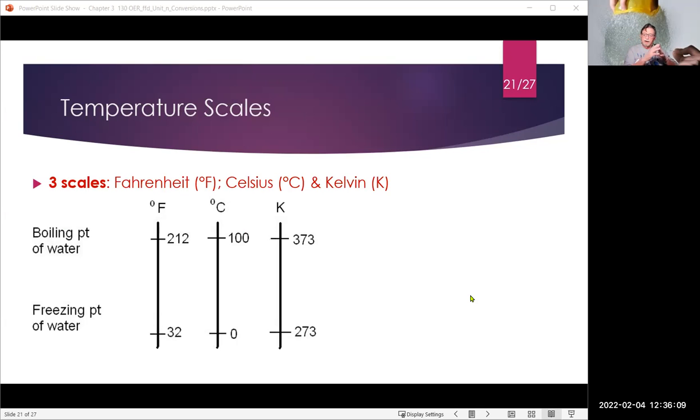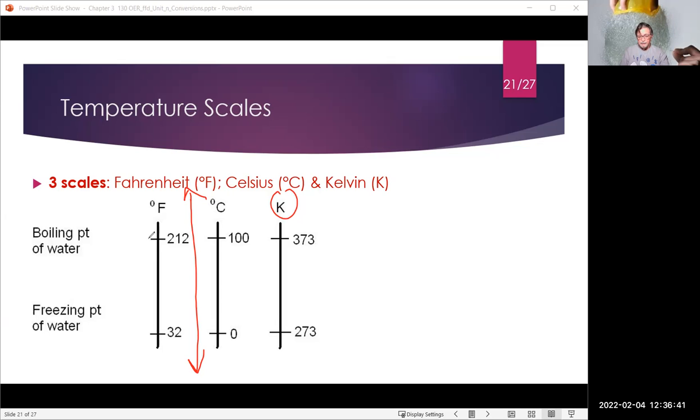All right, we have three types of scales. We're all familiar with F, Fahrenheit, and Celsius, obviously. The new one that you may not be familiar with is K, uppercase K, Kelvin, named after Lord Kelvin, an English scientist. Now the thing about the Fahrenheit and the Celsius scales is they will go to infinity with respect to their number, all the way above 100.